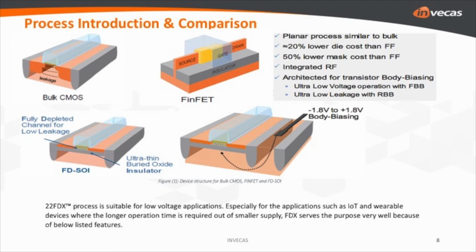We have an integrated RF option in this technology, and it is architectured for transistor body biasing as well, where we can achieve ultra low voltage operation with the forward body biasing, and at the same time, with a bit of compromise on speed, we can achieve ultra low leakage with the reverse body biasing.